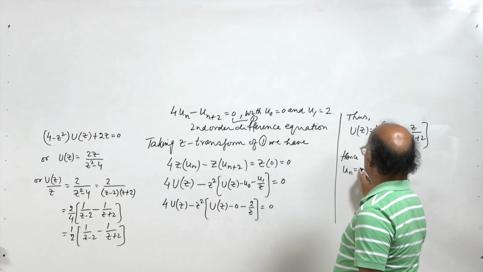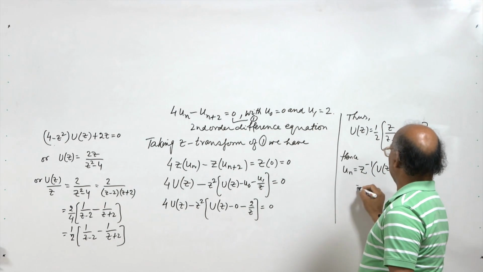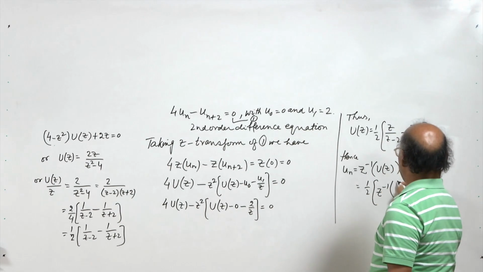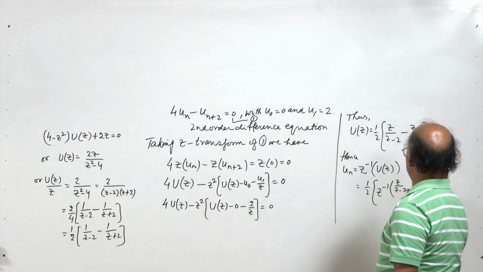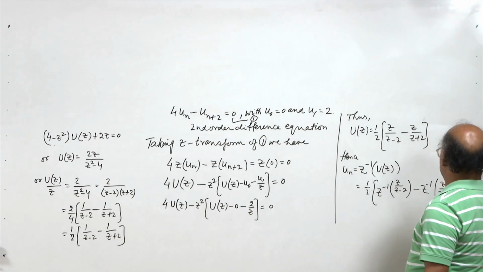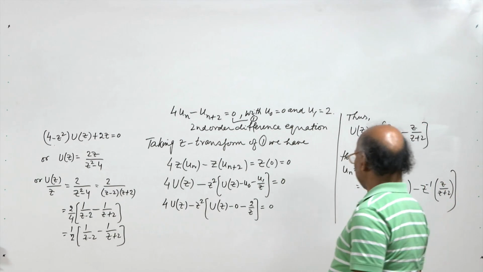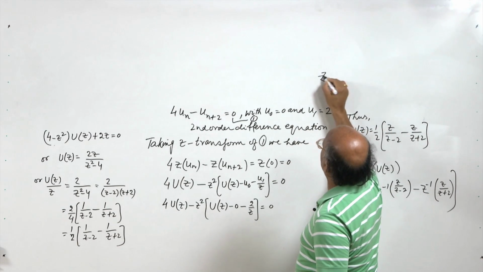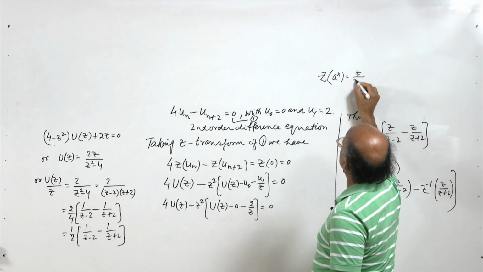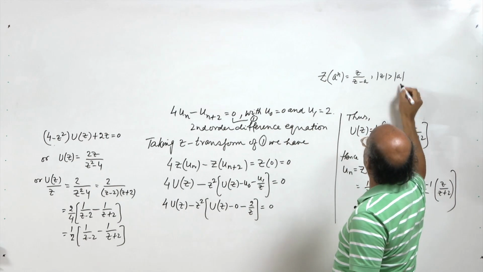And hence un, which is Z inverse of Uz, is equal to 1 by 2 times Z inverse of z over z minus 2 minus Z inverse of z over z plus 2. Let us recall that Z transform of a to the power n is z over z minus a, provided mod of z is greater than mod of a.